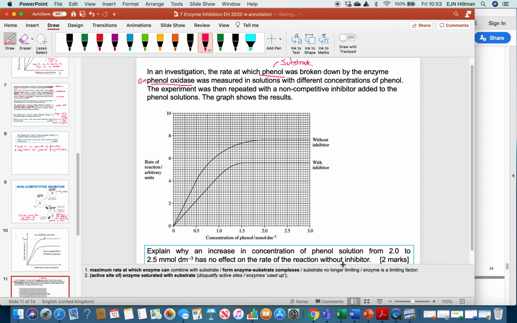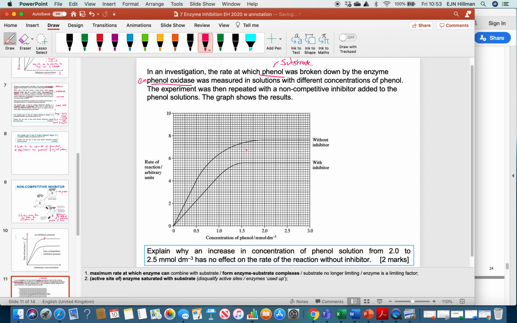Fairly typically, in a question like this, you may have a comparison between the reaction without the inhibitor and with the inhibitor. Another fairly typical question would be to explain the difference in those two curves, and in this example, explain why an increase in concentration of phenol solution from 2 to 2.5 millimoles per decimeter cubed has no effect on the rate of the reaction without the inhibitor.